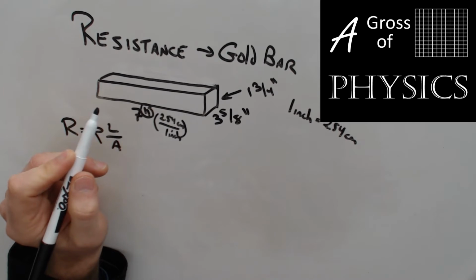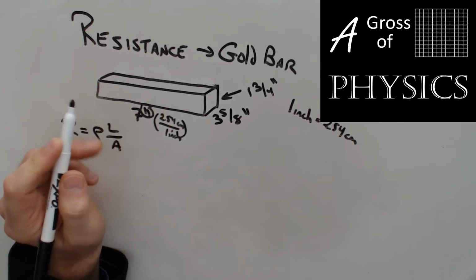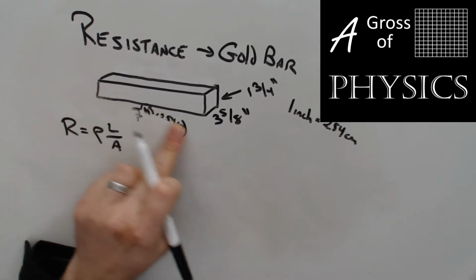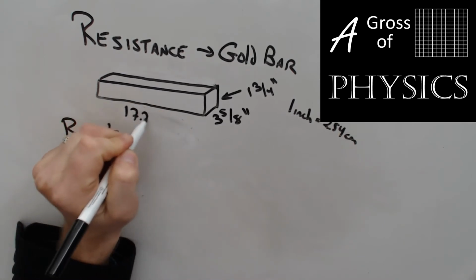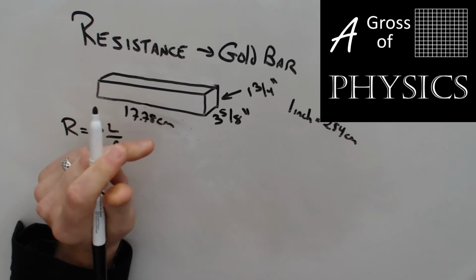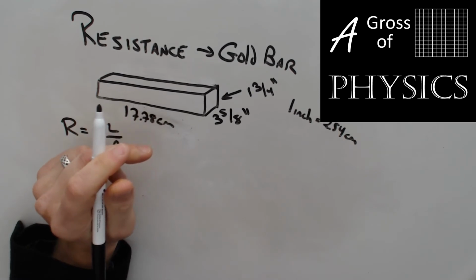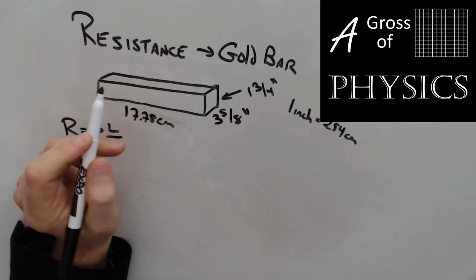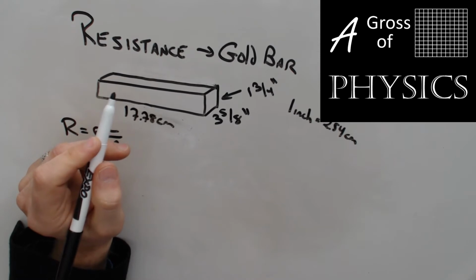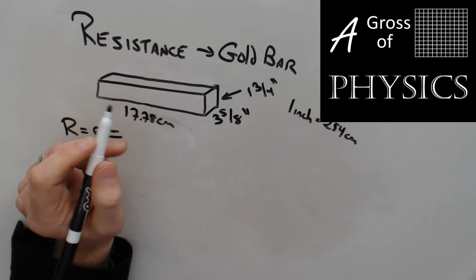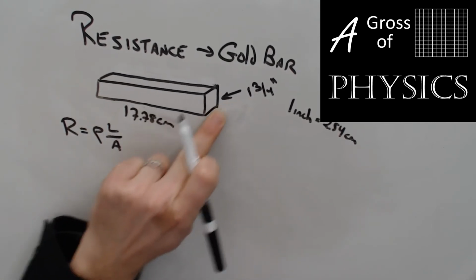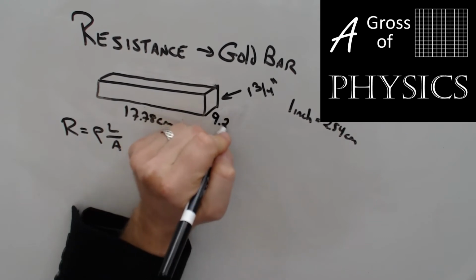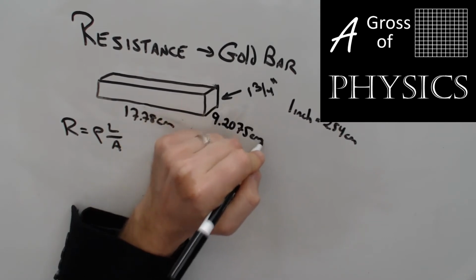So 7 times 2.54 gets us 17.78 centimeters. 5/8 is 0.625, so 3.625 times 2.54 gets us 9.2075 centimeters.